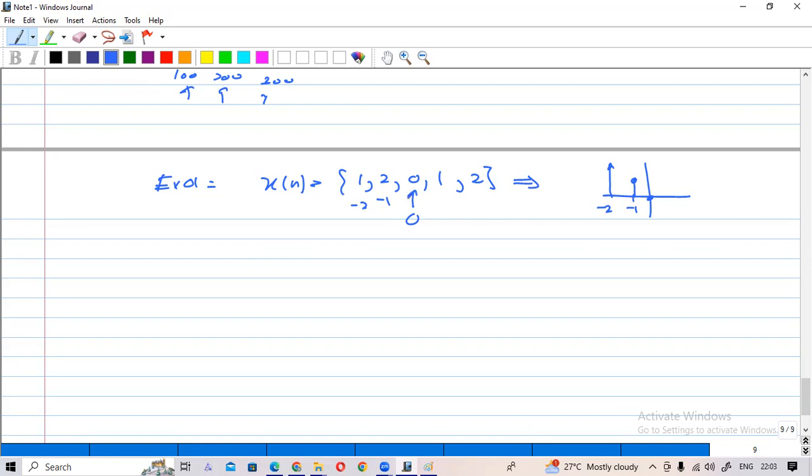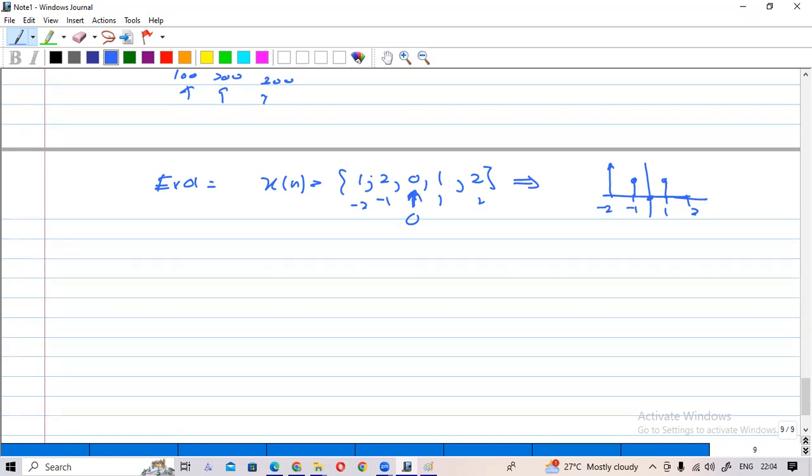Normally for the zeroth value we put an arrow mark.